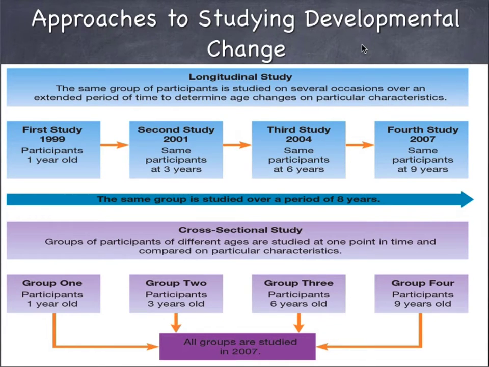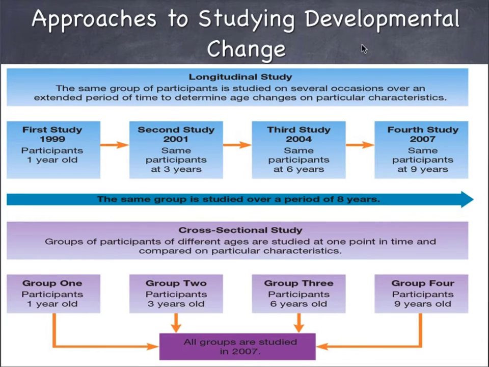When we look at approaches to studying development, longitudinal studies are really, really important. You want to study groups or cohorts of people over long periods of time. The same group of participants followed at different ages. This keeps a consistent component about your participants.